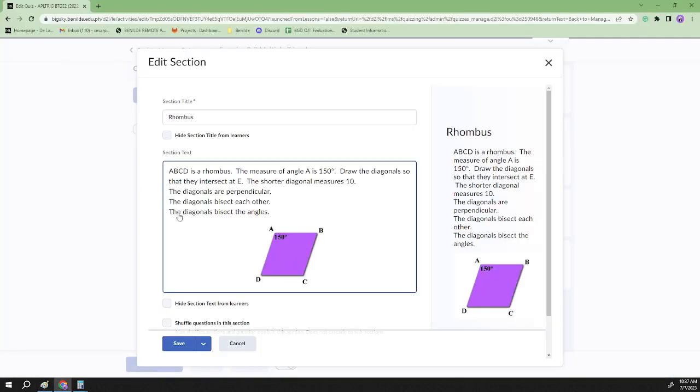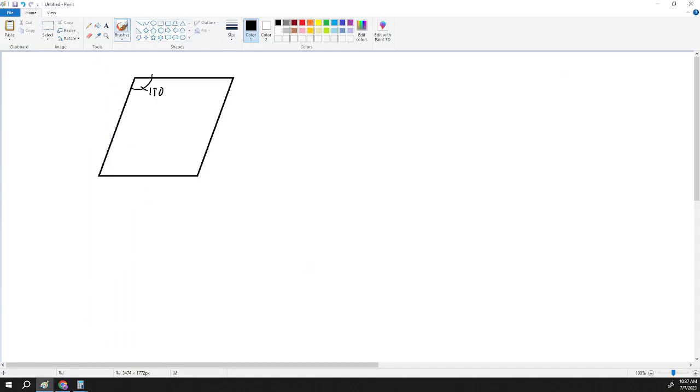It said here the diagonals are perpendicular. So if you form the two diagonals, this is 90 degrees because they are perpendicular to each other.